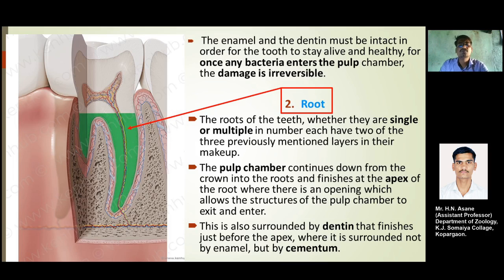Okay, there are some teeth like the canines and incisors which have a single root, and the premolar, first molar, second molar and third molar have variations in the roots.